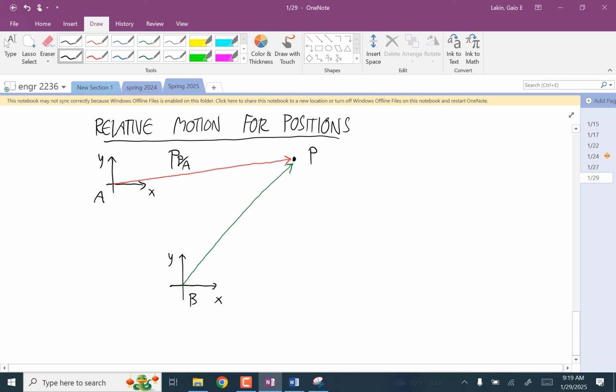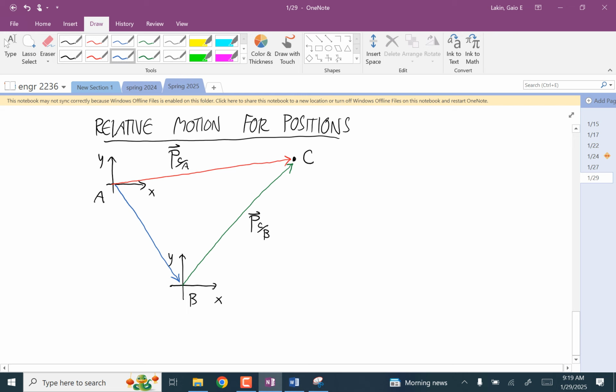Can't just do P sub A. Let's do this. Forget about the P. P stands for position. Let's call this C. Okay, so this is the position vector of C relative to A. And this is the position vector of C relative to B. And now there's a third relationship.